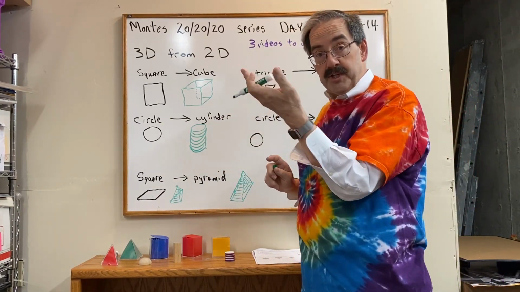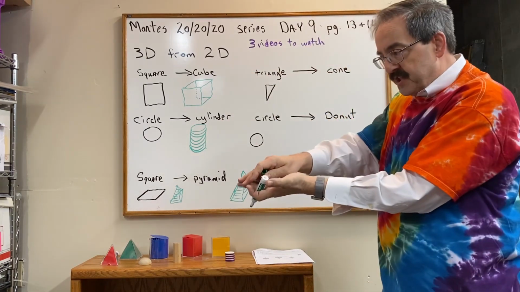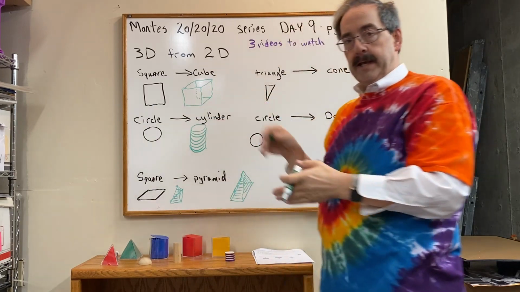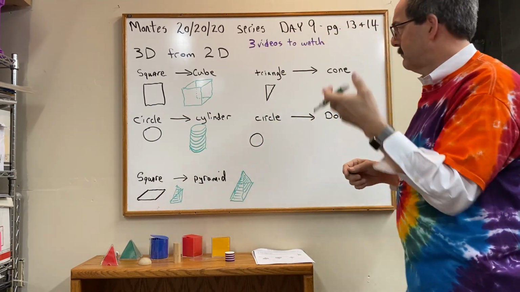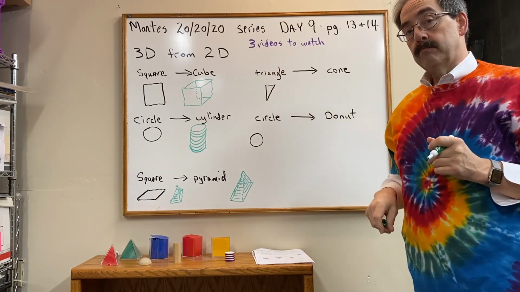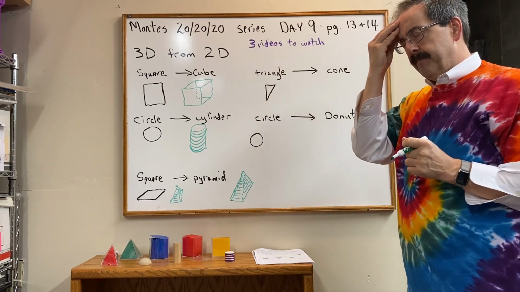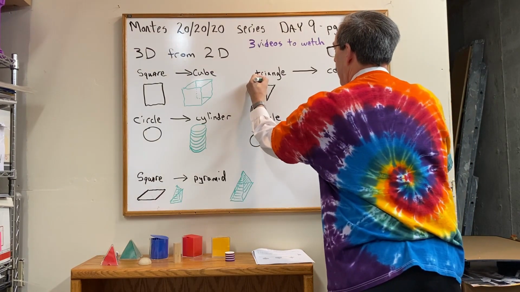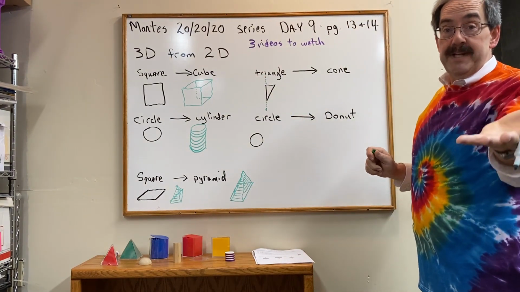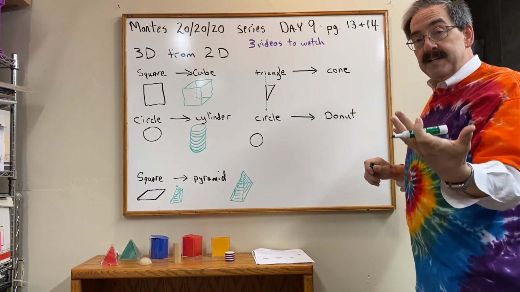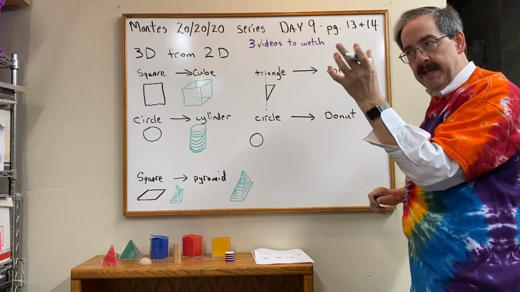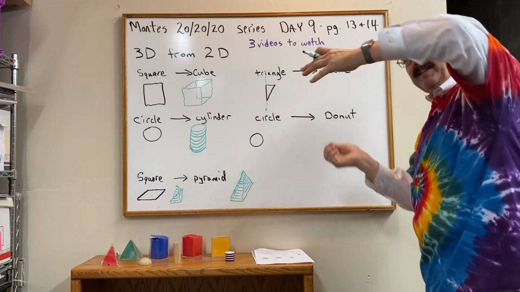Now there are other shapes where instead of stacking or translating, we have to rotate. How can we make an ice cream cone out of a triangle? Can you visualize that? Actually, this isn't new learning because we did this back in September, early October, when we were talking about rotations. Remember rotations or reflecting?